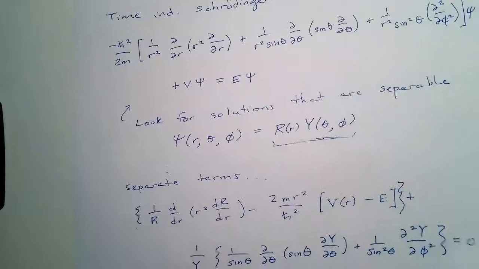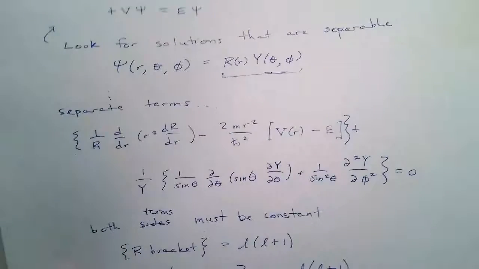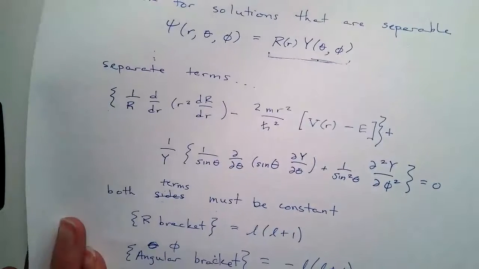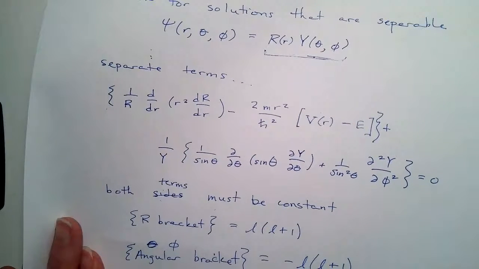Okay, on to another page. Let's get another page going here. Okay, so our R bracket is going to determine a radial dependence, and our angular bracket is going to determine the dependence of psi on theta and phi.